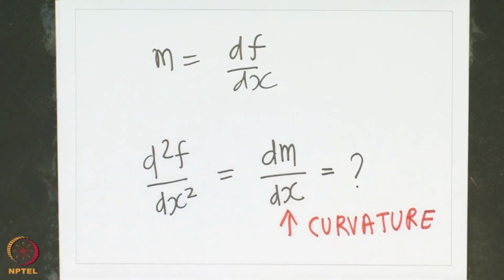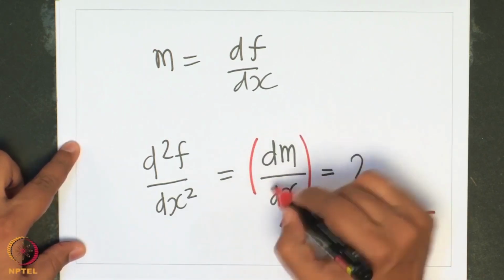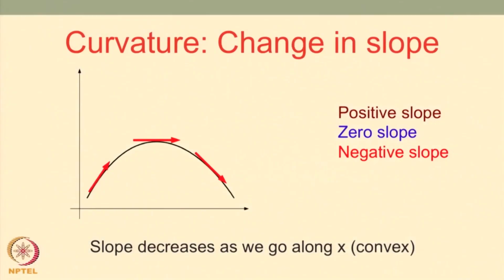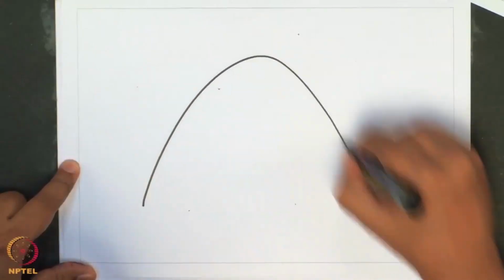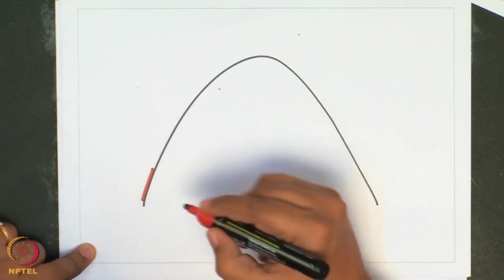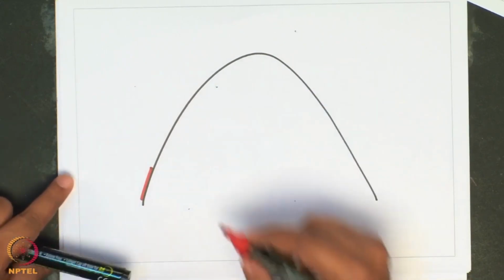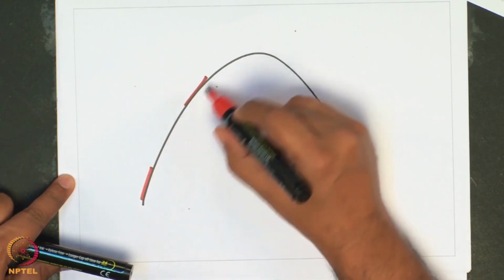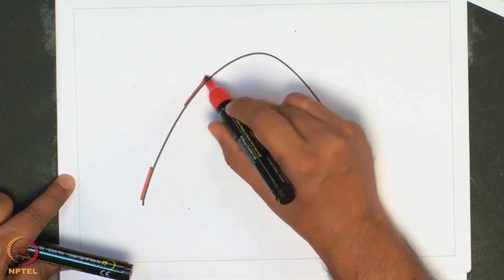This thing is called curvature, that is, how does the slope itself change? dm by dx. If I have a curve like the one shown in the slide, here the slope will be a positive number. If I go here and draw a small line, the slope is positive, but a smaller value.